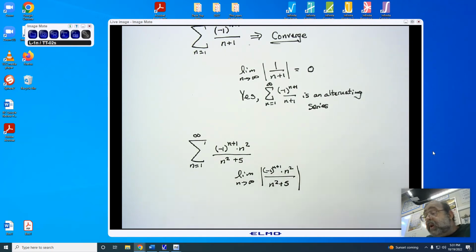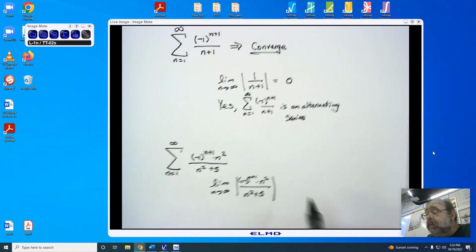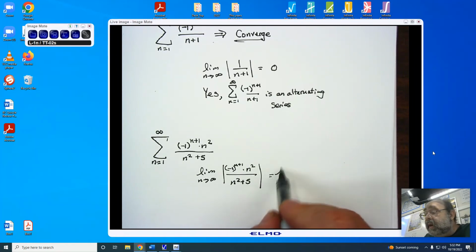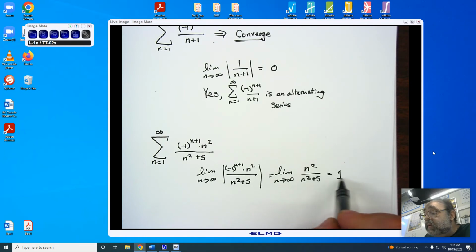Now, normally I wouldn't write the negative 1 to the n plus 1 because the absolute values take care of it. I'm putting in the absolute values and showing you what I'm doing so that you can see. That means that this is really the limit as n approaches infinity for n squared over n squared plus 5, and our limit at infinity is 1.